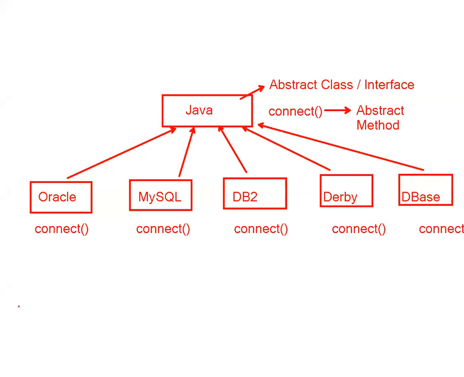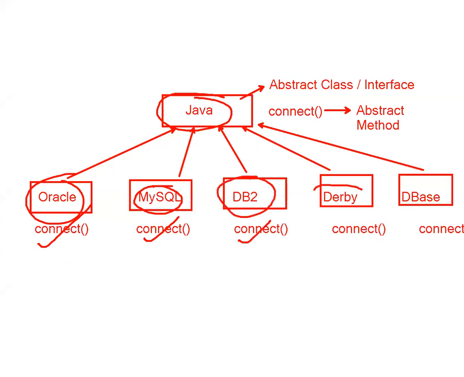Now you observe this Java program. If you want to connect to Oracle, you will use connect method only. If you want to connect to MySQL, connect method only. DB2, connect only. Derby, connect only. DBase, connect only. Assume this is not declared. Is it compulsory to write connect method? No. Now any name they can write.